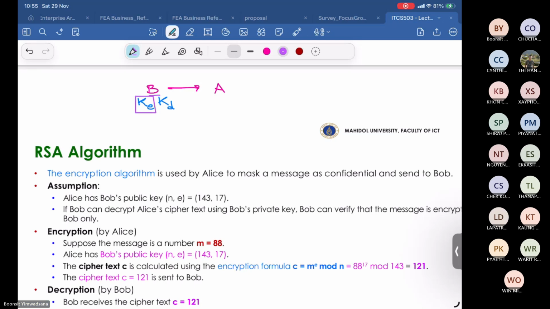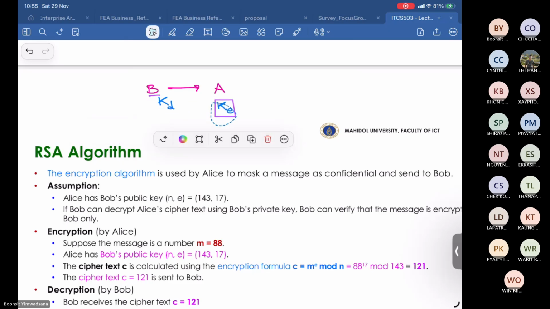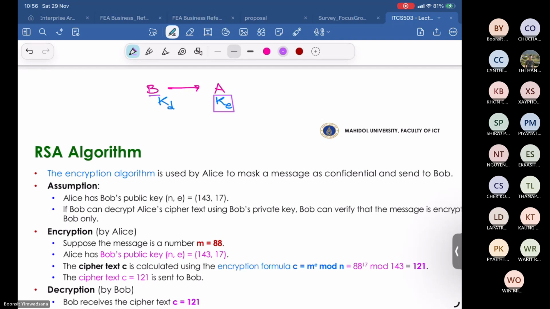So the public key will be moved to the right hand side. What does this mean? This means that Bob can allow Alice to have his encoding key, or the public key. The reason why we call this the public key is obvious. Bob can send this information to many people.